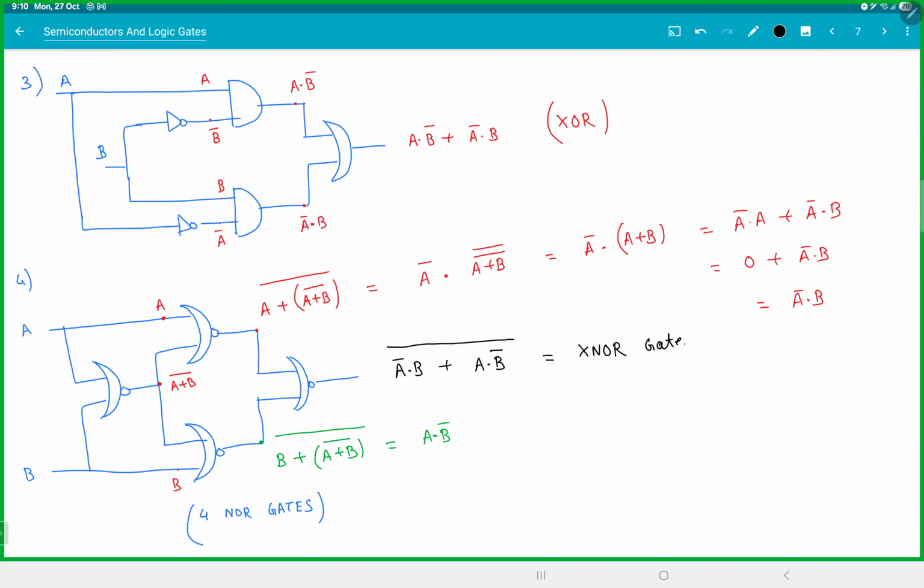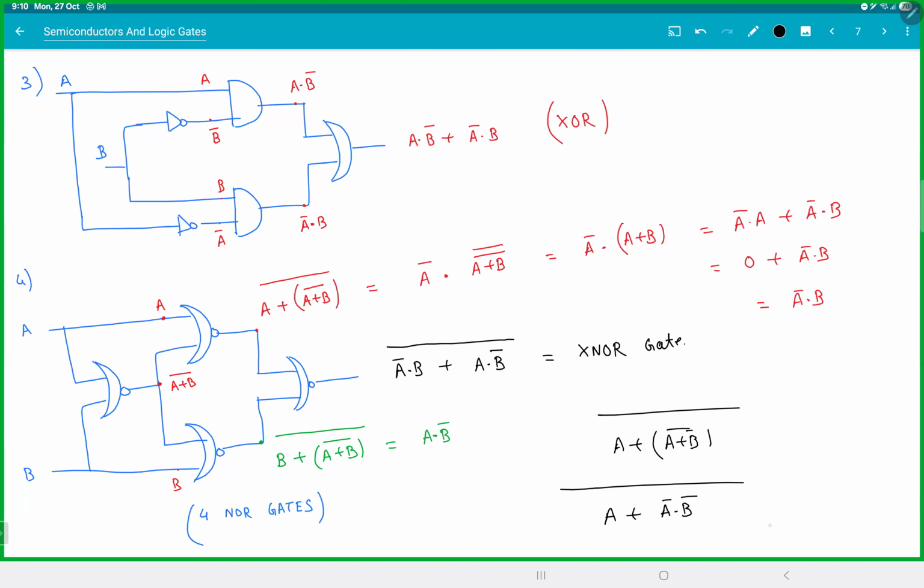You could have actually simplified inside and then expanded. Then how will that look? A plus B whole bar. If I try to first open the negation inside, this will be A bar dot B bar. Then I can't take out anything common there actually.